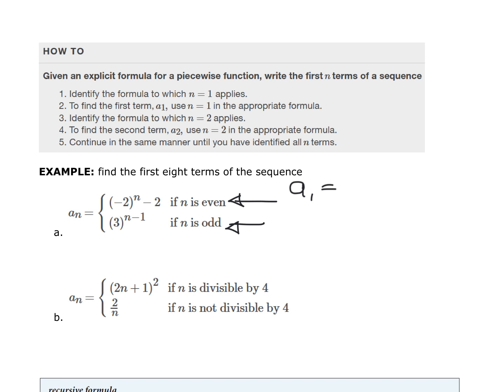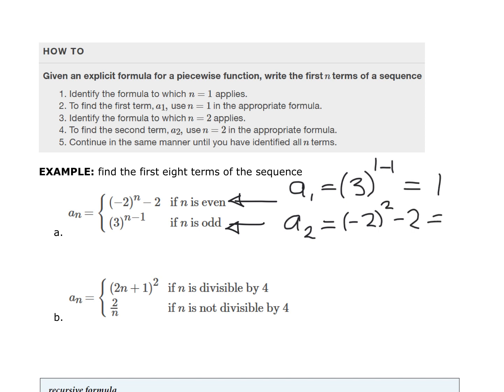Since 1 is odd, we're going to use the second piece, which is 3 raised to the 1 minus 1. And so our first term is going to be 3 to the 0, or just 1. A sub 2, since 2 is even, we're going to use the first piece of the piecewise function. So we have negative 2 raised to the 2 minus 2.